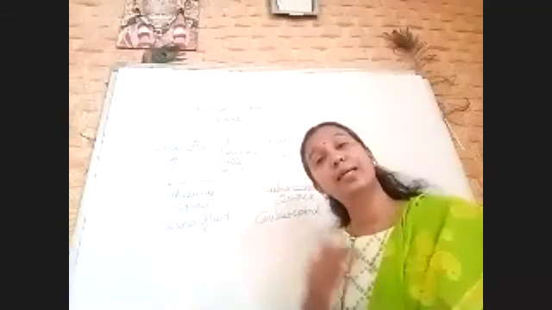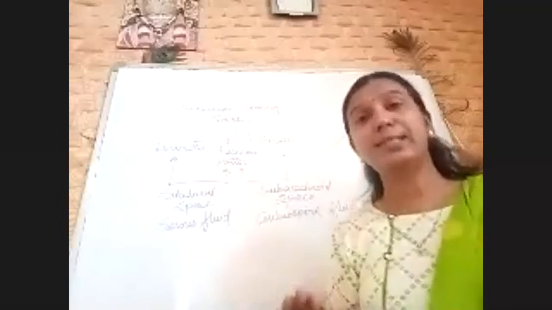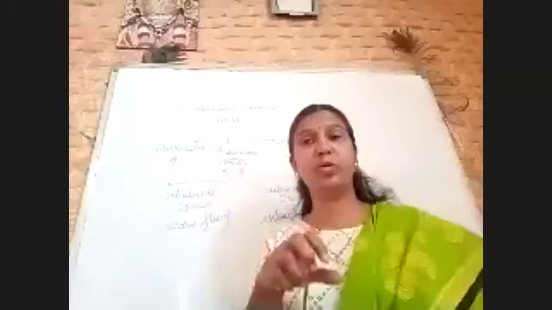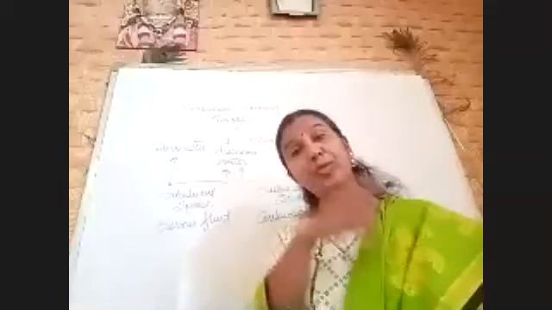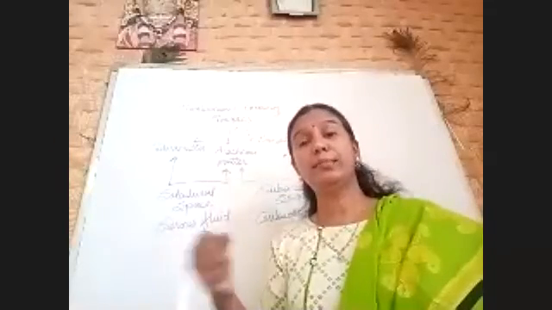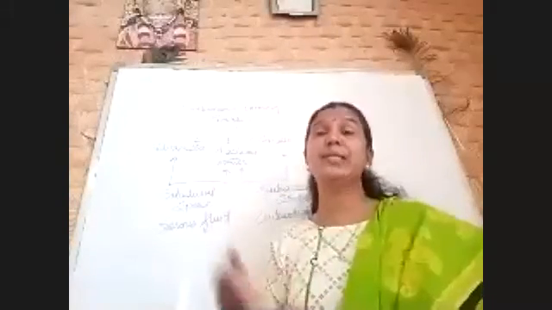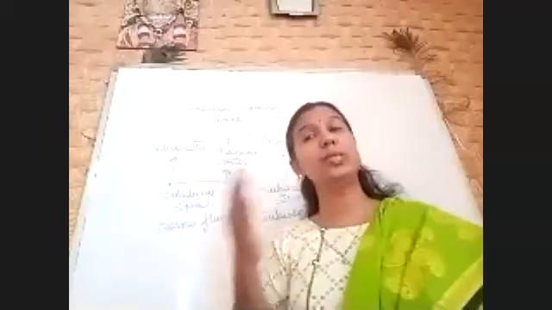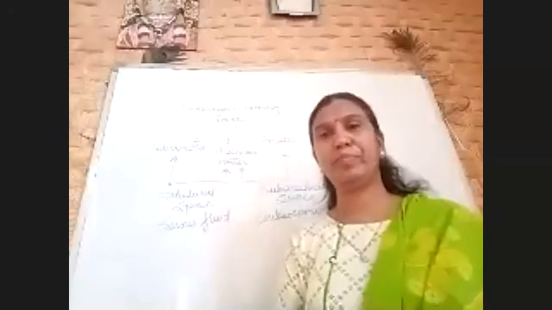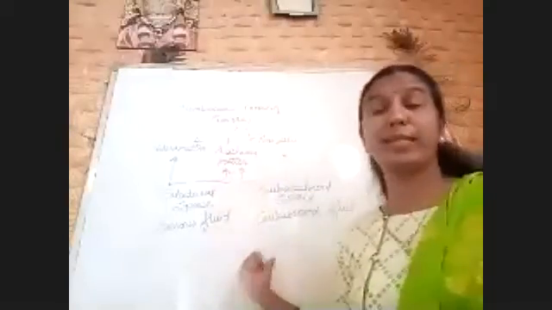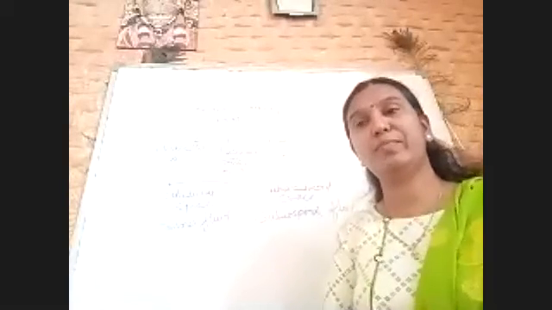Then it will act as an excretory organ, because whatever waste is in the brain and spinal cord, it will be removed, and it will provide oxygen and nutrition to the brain and spine. This is about the meninges and the cerebrospinal fluid.